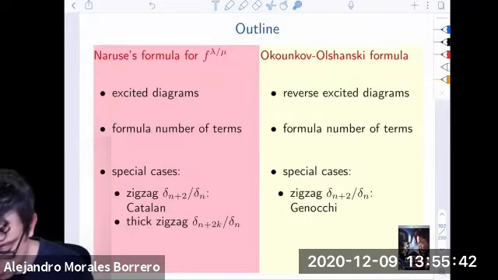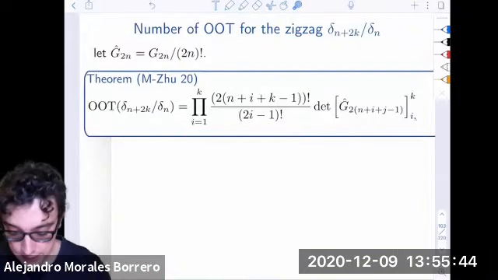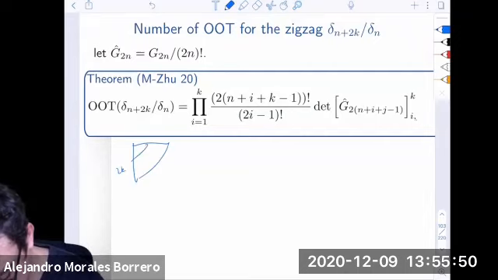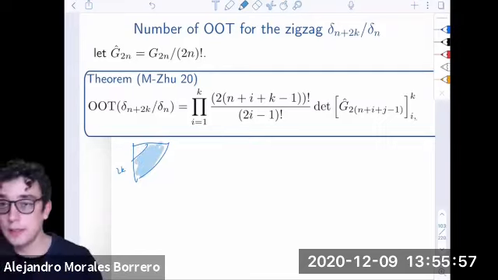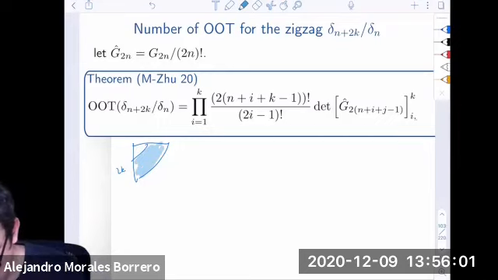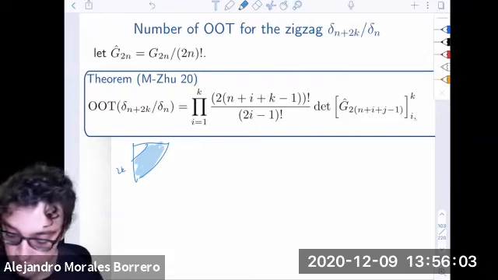Let's see what you get for the thick zigzag. So remember, this is a thick zigzag, maybe more like this. So the number of Okounkov-Olshanski terms: remember, for Naruse it was a determinant of Catalan numbers.